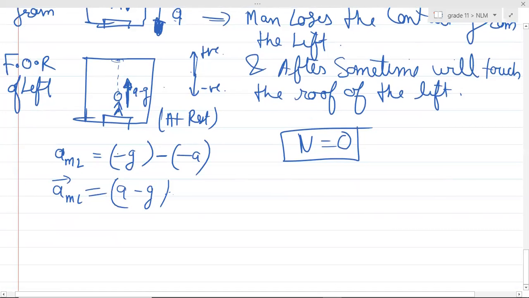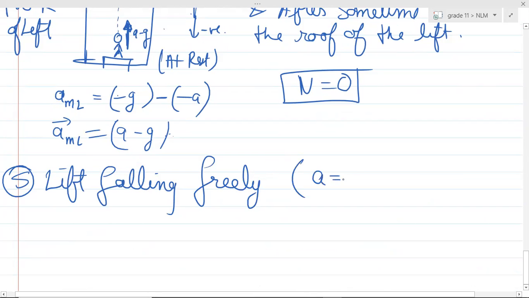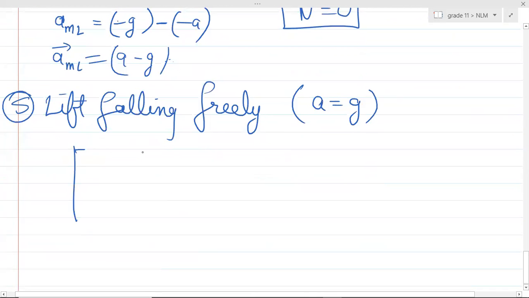Next case, fifth case. Lift falling freely. When the lift is falling freely, that implies the acceleration of the lift is equal to g. Yes or no, guys?